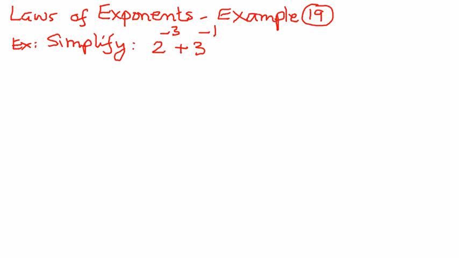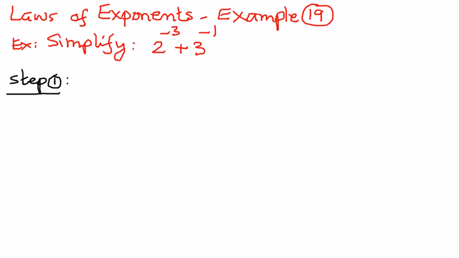So we are adding two exponents. The way to solve these types of problems is we will use the laws of exponents and then break them down into these simple steps.